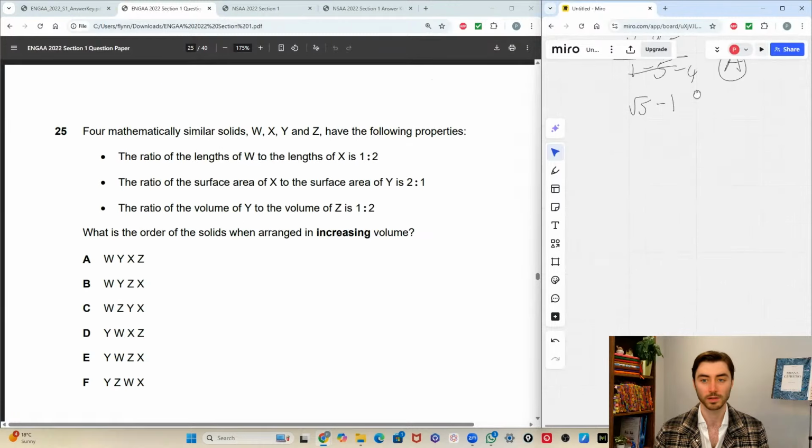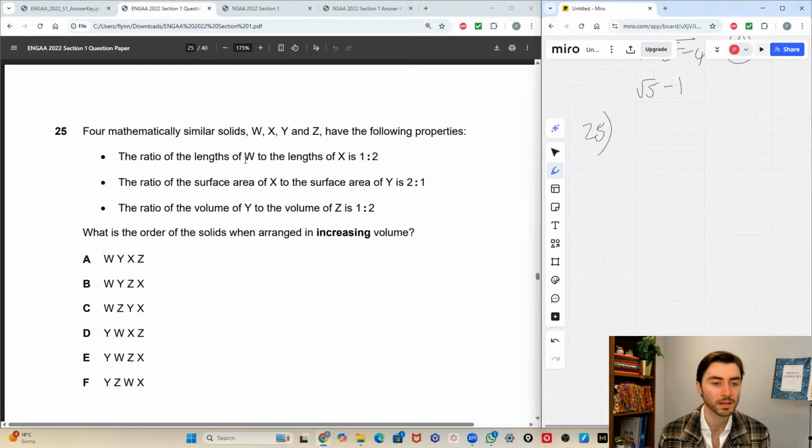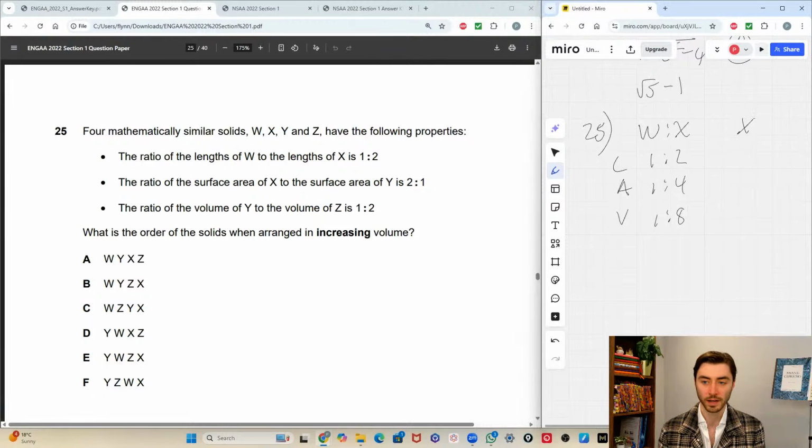Question 4, mathematically similar solids. All right, let's see what happens. I'm in it now. So the ratio of the lengths of W to the lengths of X. So W to X, let's take the length, area and volume. So W to X is 1 to 2, 1 to 4, 1 to 8. Got it. Let's consider X and Y. They're saying the area ratio is 2 to 1.